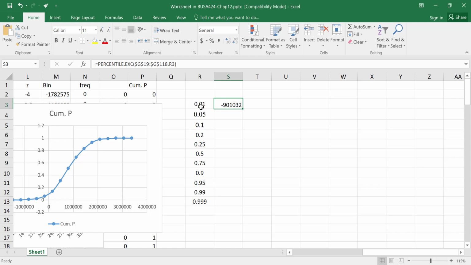So this is the value, almost 1% of the simulation that we have, they generate profit of minus 9.